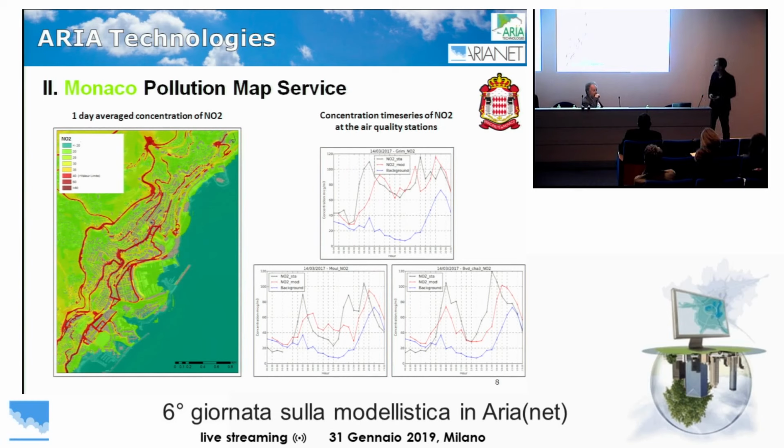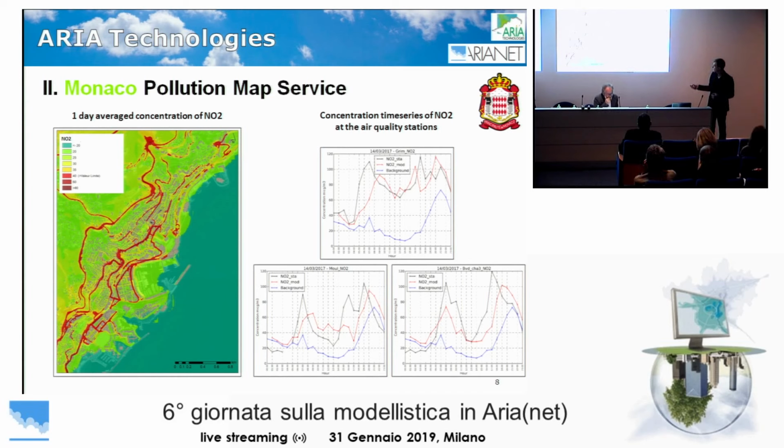These are the typical results we had on a daily basis. These are 3 traffic stations. You have the result of the model in red, the result of the station by hour in black, and the curve in blue corresponds to the background we are introducing in the model to correct the background noise.